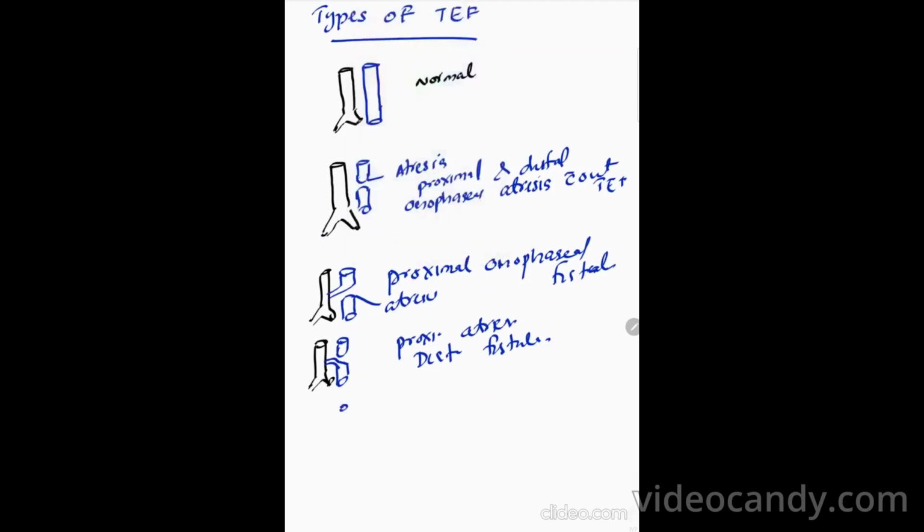Next, again we have the esophagus, then comes the trachea. Here the condition is like this, with both fistulas.